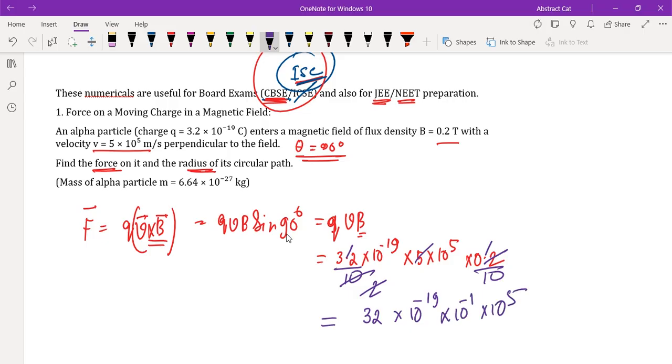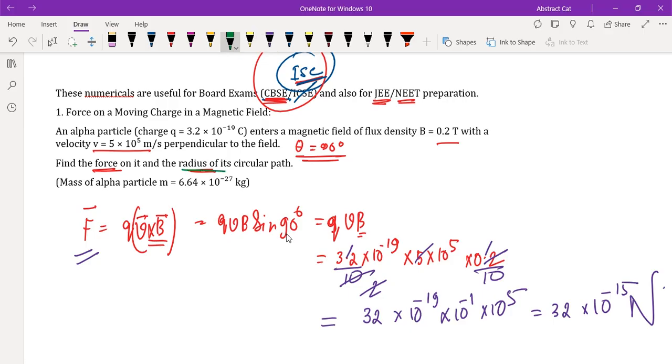Calculating minus 19 plus 1 plus 5 gives minus 15. So the force is 32 into 10 to the power minus 15. The SI unit of force is Newton. That is the first answer.